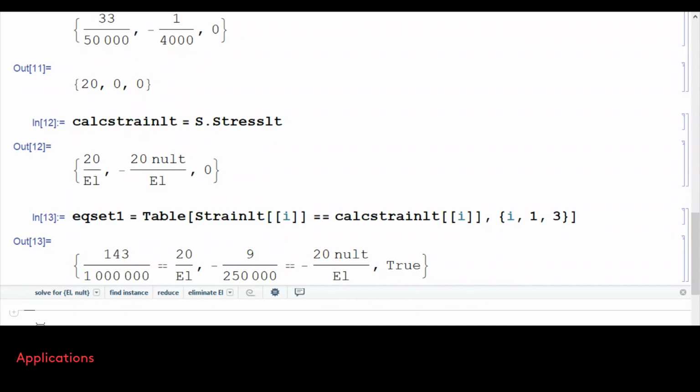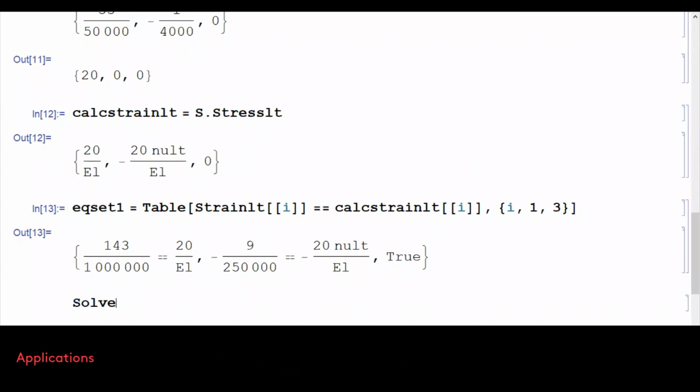As you see, I have 3 equations which are just functions of the longitudinal modulus and Poisson ratio nu LT. Therefore I have 2 unknowns, and I can obtain the longitudinal modulus and Poisson ratio from here.